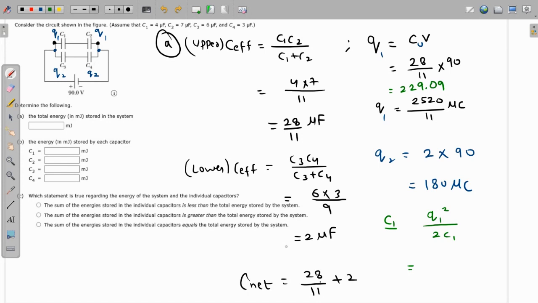Definitely this is Q square, and this Q was in microcoulomb, so make sure we do the appropriate conversions as well.